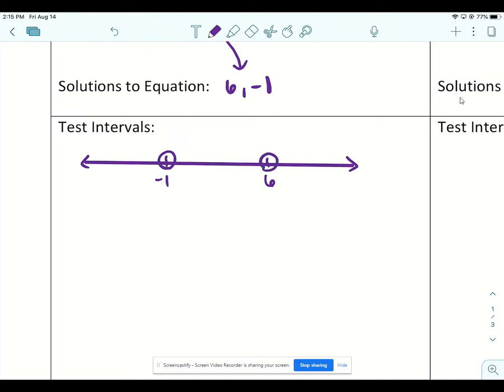All right, so you use open circles for greater than and less than, and then we're going to use closed for greater than or equal to or less than or equal to. So if it has or equal to, it includes those points, and we use a closed circle. If it doesn't have or equal to, it doesn't include those points, and you have an open circle.